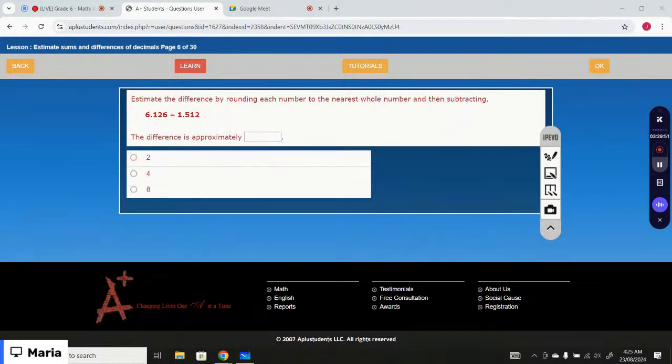The next one is estimate the difference by rounding each number to the nearest whole number and then subtracting. So you have to round these numbers and then you have to subtract. So which is the correct option?